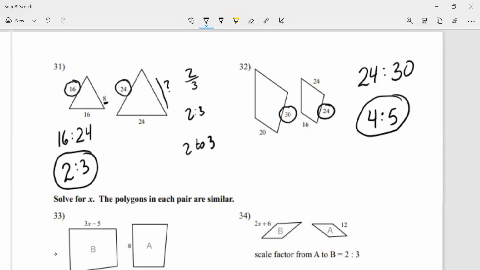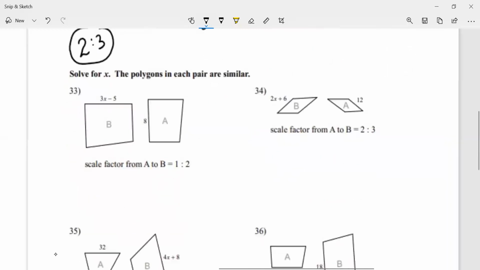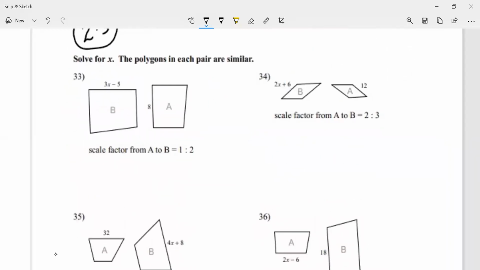All right, now that we know how to read scale factor, let's use it. We're going to solve for x. The polygons in each pair are similar. The scale factor from A to B is 1 to 2. Okay, so I'm going to choose the value from A first.